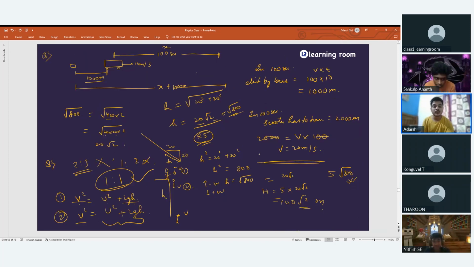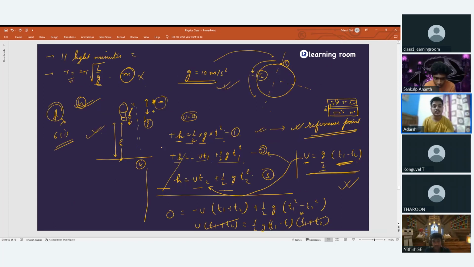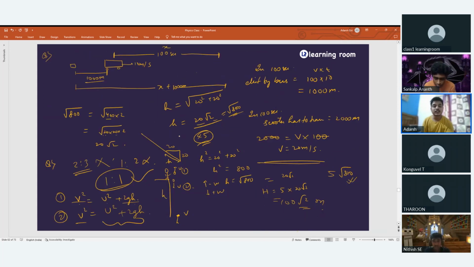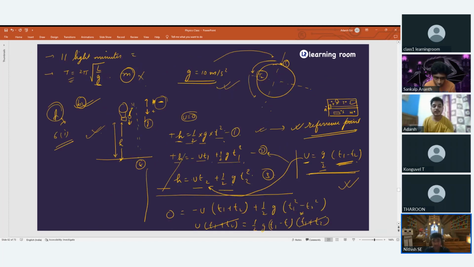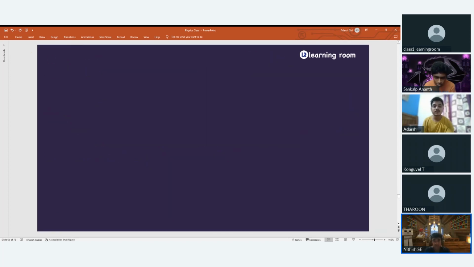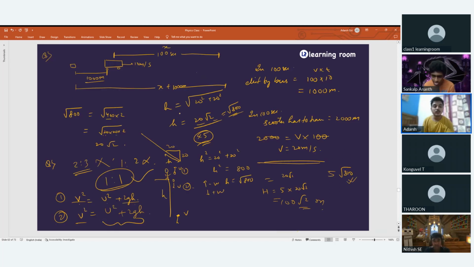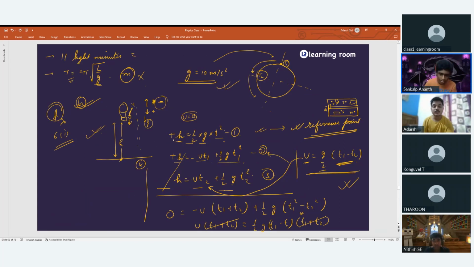See here, where we wrote that. Can you go to the previous slide? Yeah, this one. So it will basically become h is equal to g by 2 into (t1 minus t2) plus half g t2 square.